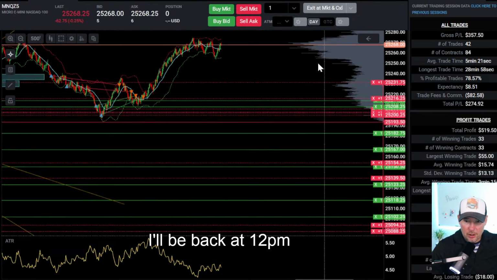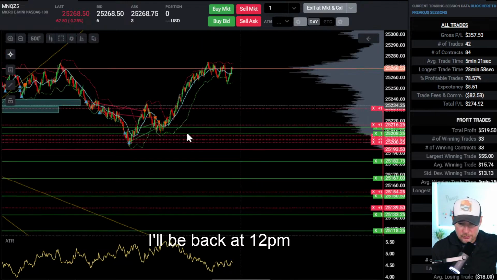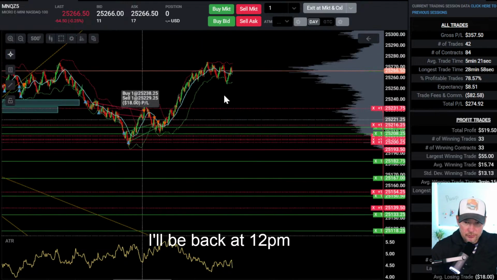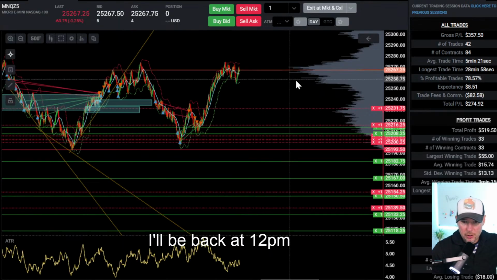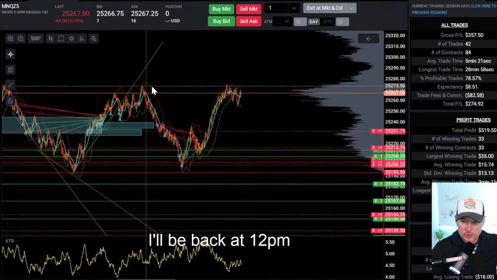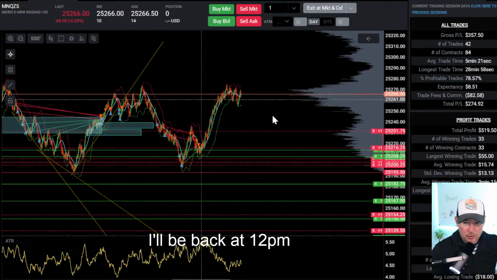Okay. All right, so we are doing this bull flag type of action. Did have this nice trend. We could potentially go higher if we break through this area, 25,275 and on.